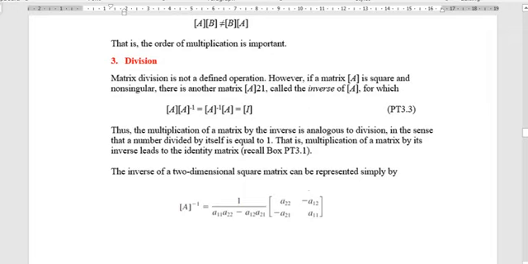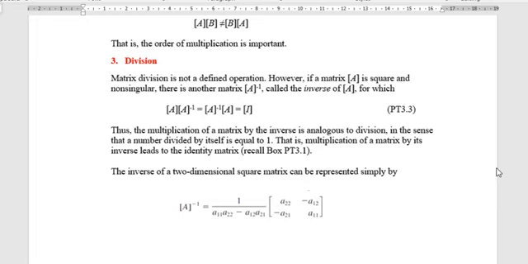However, if a matrix A is square and non-singular, there is another matrix A raised to negative 1 called the inverse of A, for which matrix A times the inverse of A is equal to A inverse times A, which is equal to I. Thus the multiplication of a matrix by its inverse is analogous to division, in the sense that a number divided by itself is equal to 1.